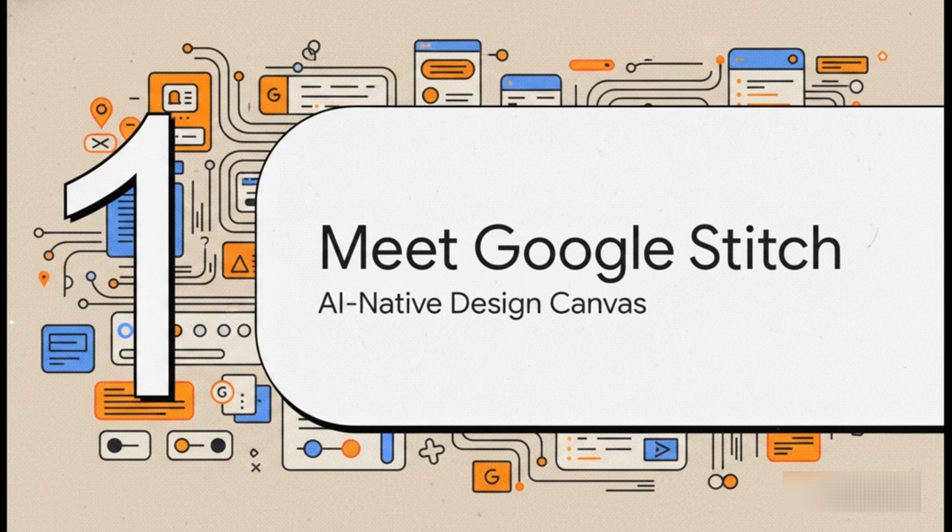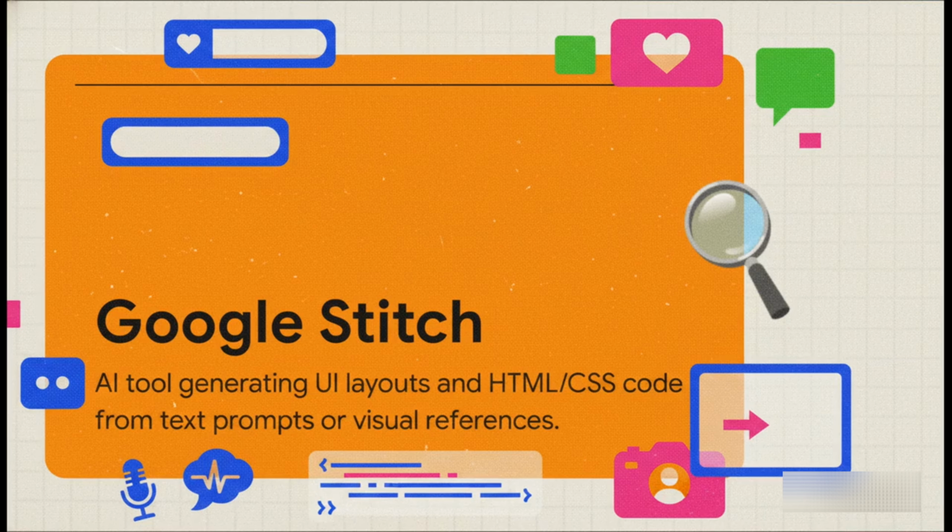Meet Google Stitch, the AI native design canvas. So what exactly are we dealing with here? Google Stitch is an experimental AI-powered design tool from Google Labs. Instead of sitting there clicking and dragging a bunch of rectangles around on a canvas, you use natural language prompts or even visual references to generate complete UI layouts. And it gives you the front-end HTML and CSS code to go with it.